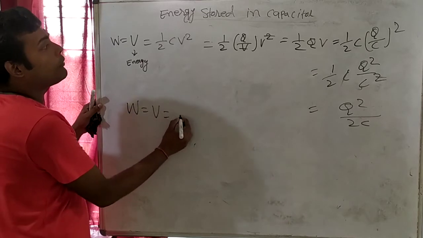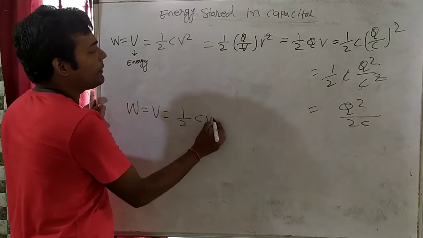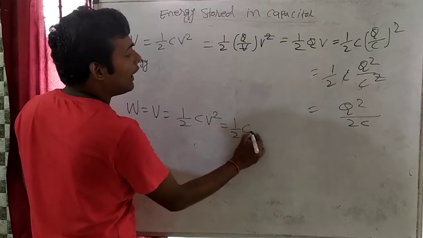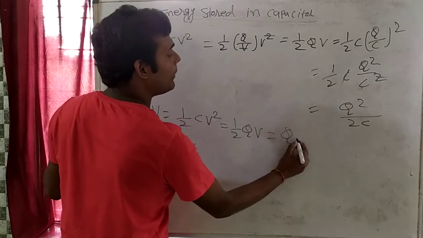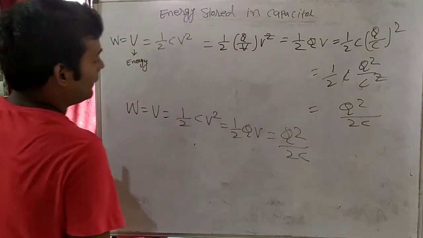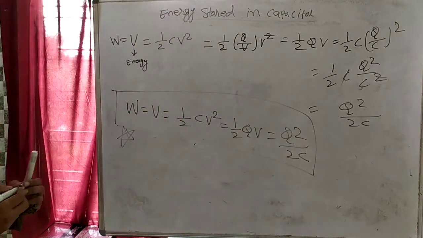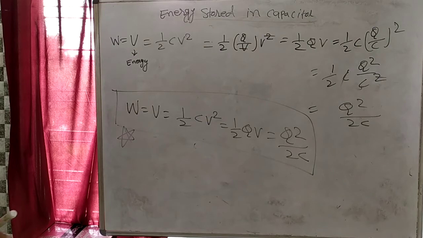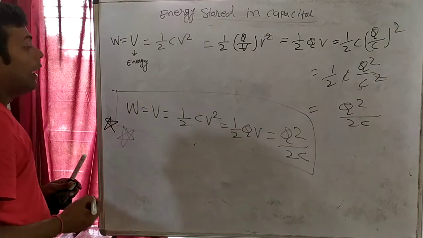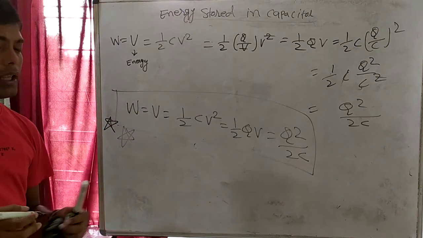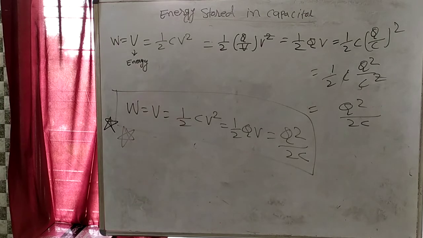So energy stored will be: one formula is half CV square, another formula is half QV, and the other formula is Q square by 2C. These three formulas you have to understand: half CV square, half QV, and Q square by 2C.